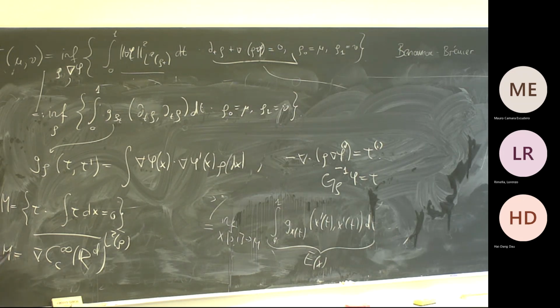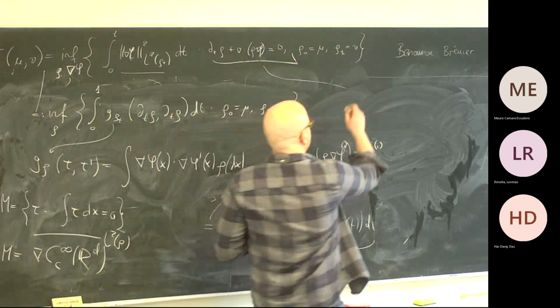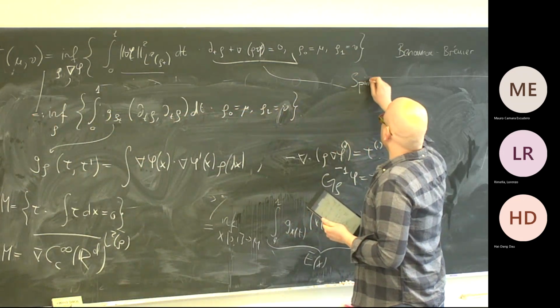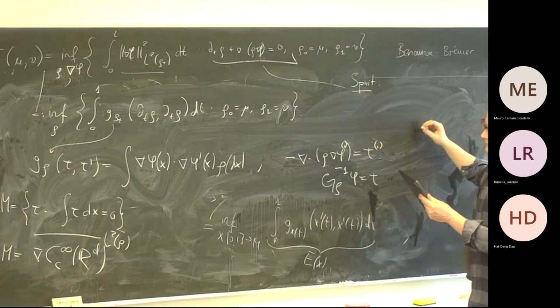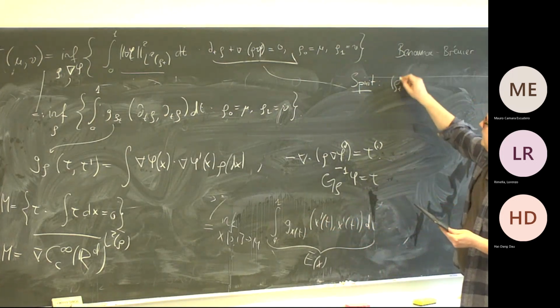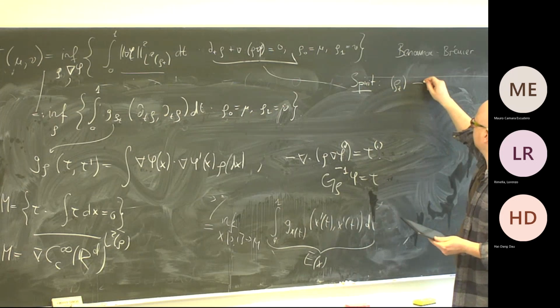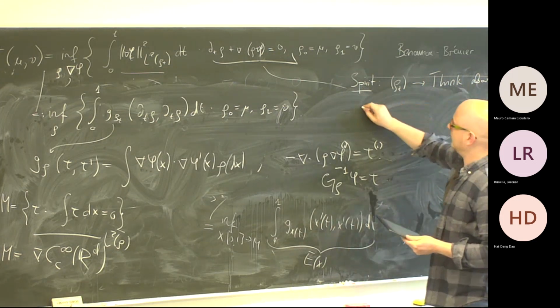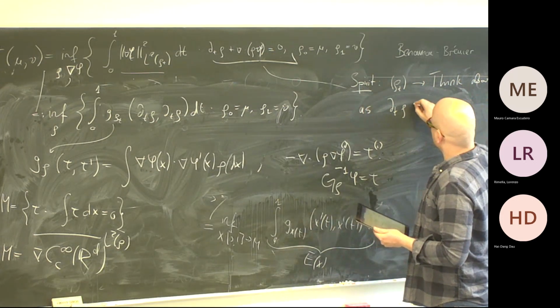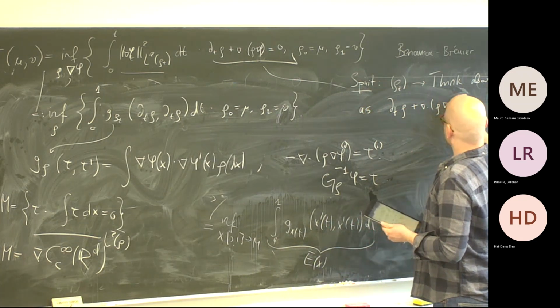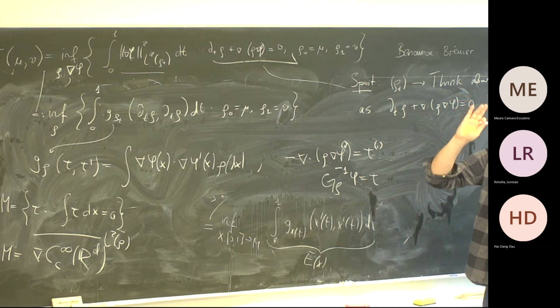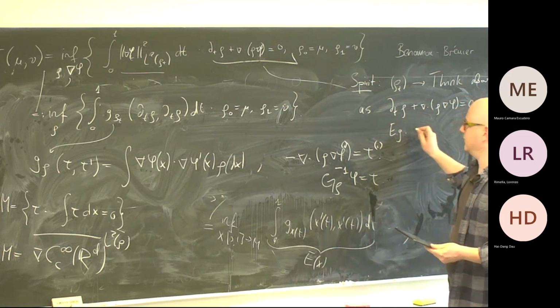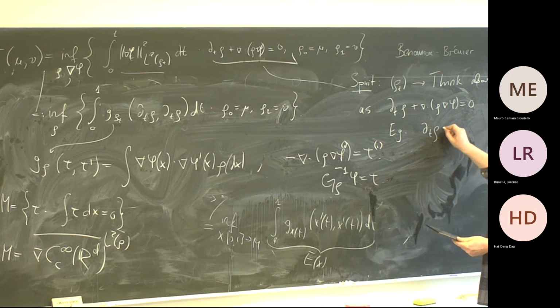Somehow the spirit of this, let's say the Otto spirit, is whenever we have a curve rho t, we are meant to think about it in this form. So for example, right, if we think about the heat equation, then this is not in this form.